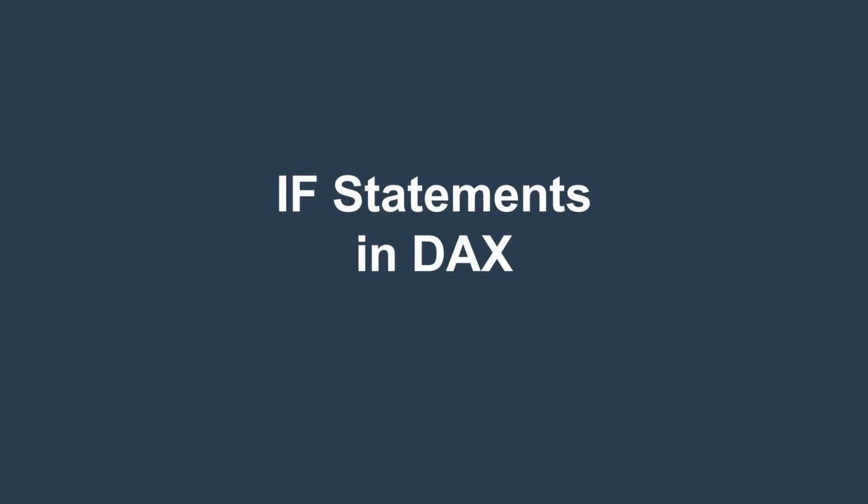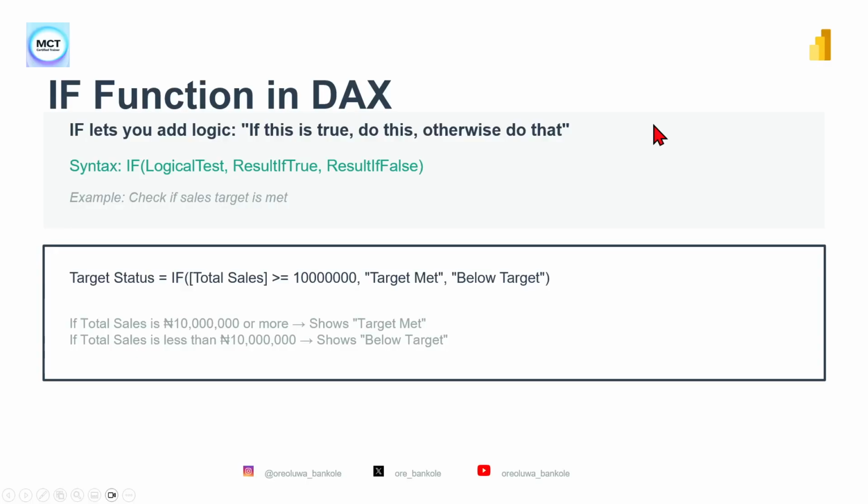Okay. So the next thing we are going to go into is the IF function. Now, what is the IF function? The IF function works the same way IF works almost everywhere else that you know. For those coming from a Power BI background, it works practically the same way here as well.